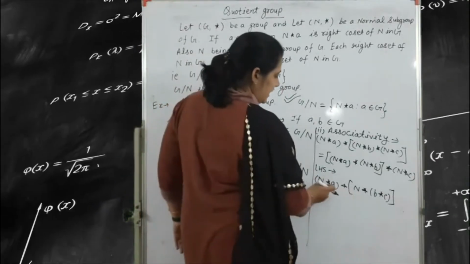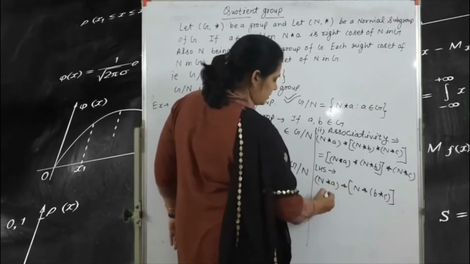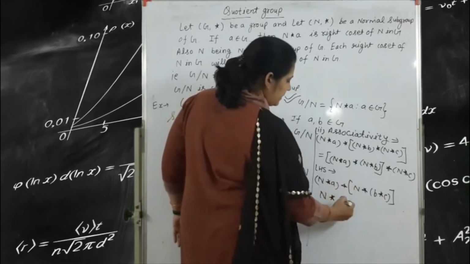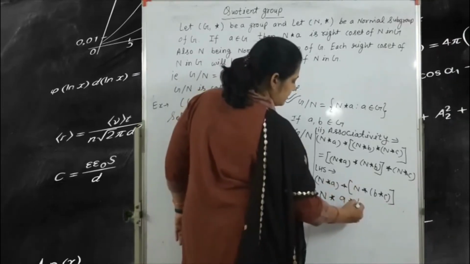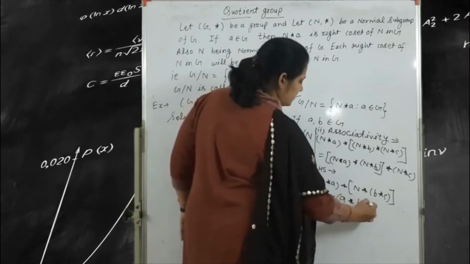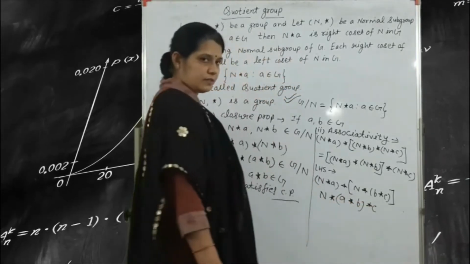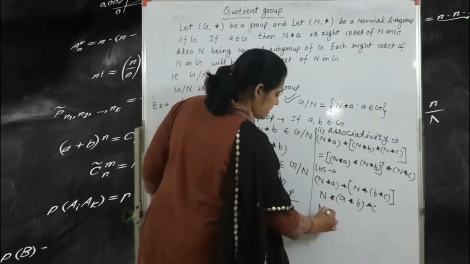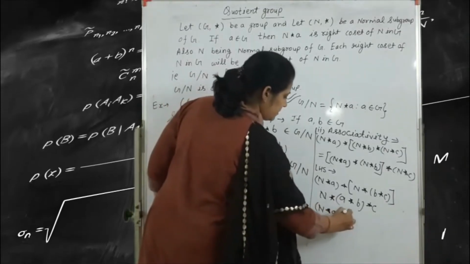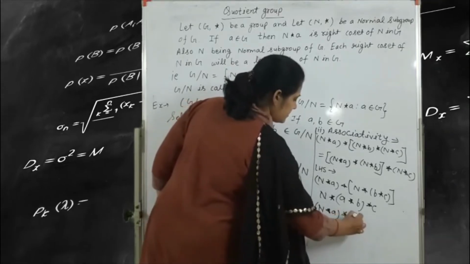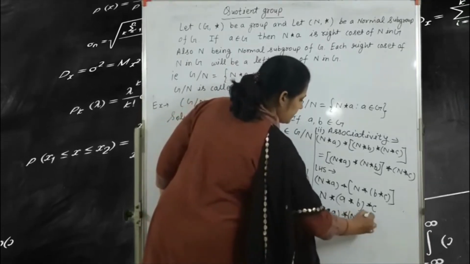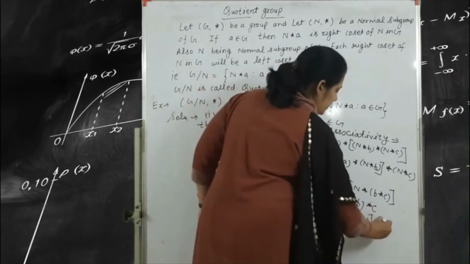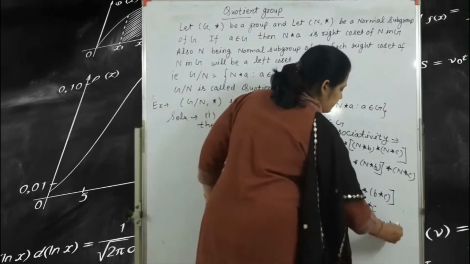So here we write N*(a*b*c). Next, N*a * (N*b * N*c).